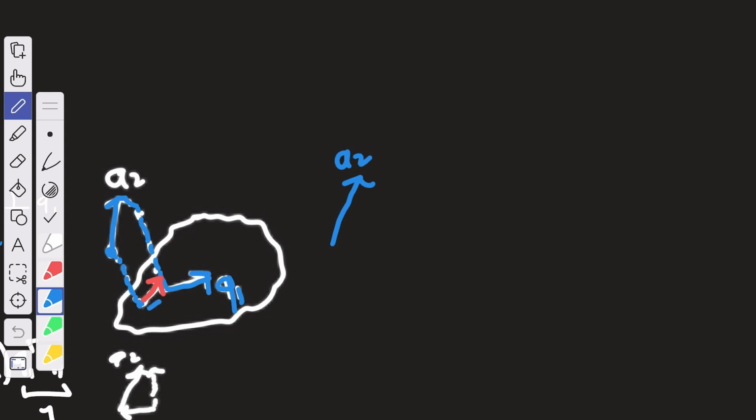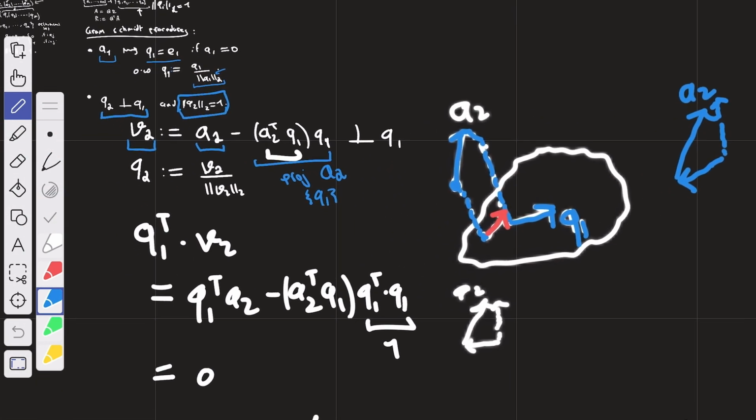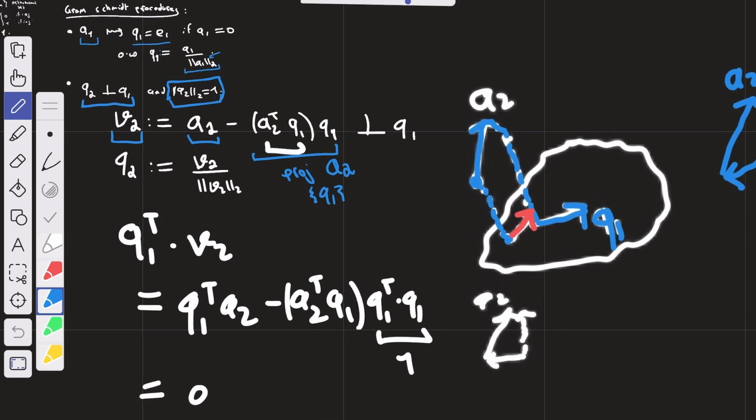So in this case it's this vector. If you subtract it, you get the reverse vector, and it's clear geometrically that you'll get a vector that is orthogonal to the space spanned by q1. This is just a rough geometric idea of what's happening, and let us check this algebraically.